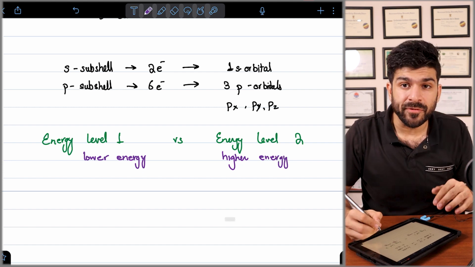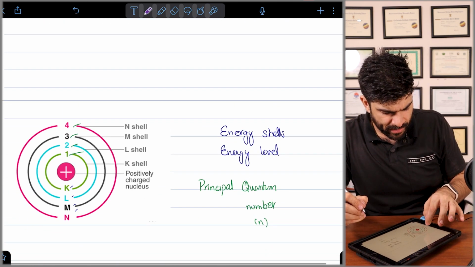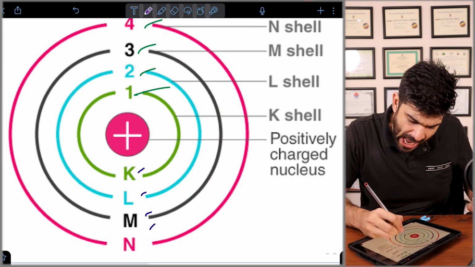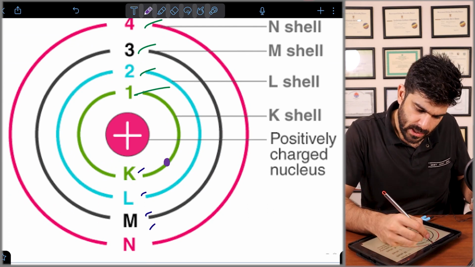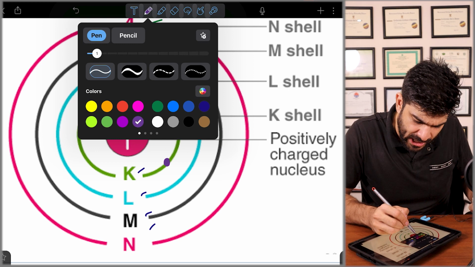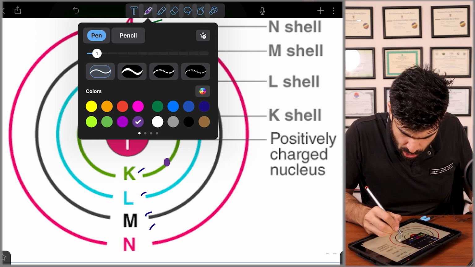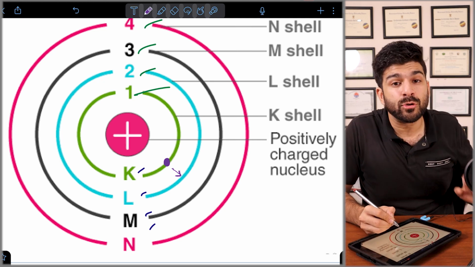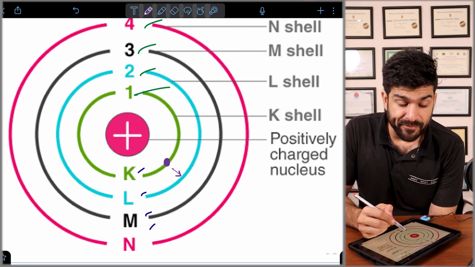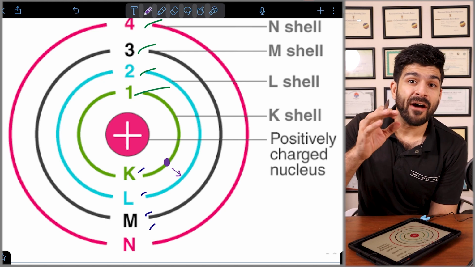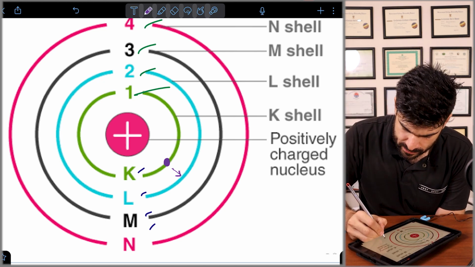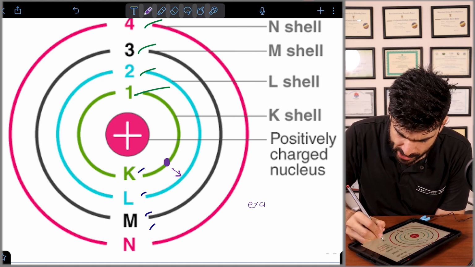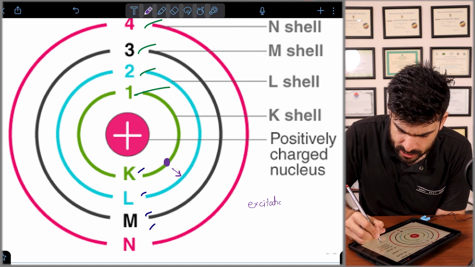So that is the concept of energy. If I look at this diagram, I have an electron here. If I have to transfer this electron to this energy level, obviously I will have to give more energy, because from 1 to 2, I will have to add more energy. So this is called excitation of electrons.